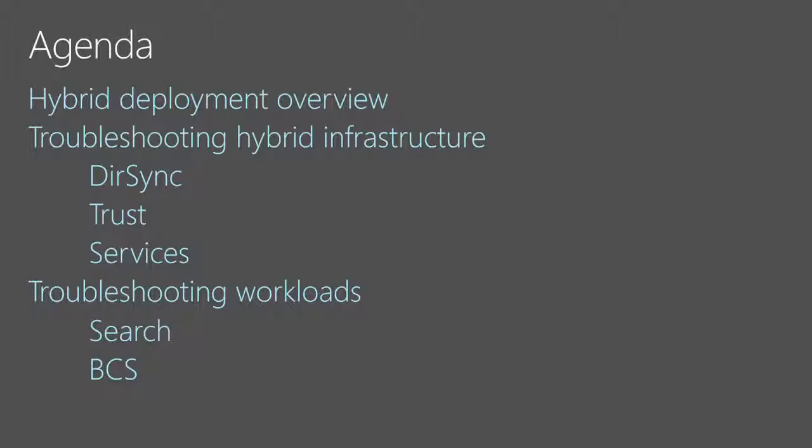However, today, we are going to take a quick look at hybrid infrastructure overview and the deployment statistics. Troubleshooting the hybrid infrastructure, we are going to focus on directory synchronization, trust, and then look at, once the infrastructure is ready, how you configure the actual workload, which could be search or BCS, which we were talking about today.